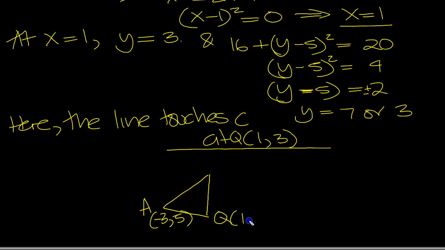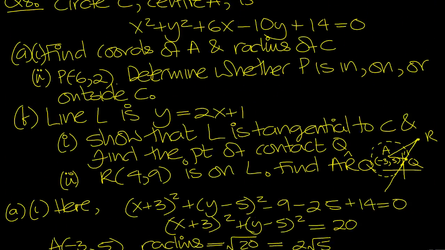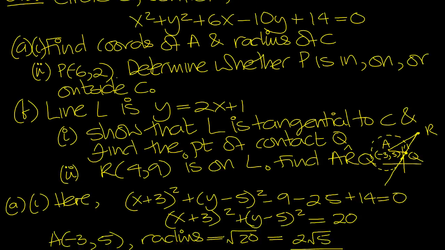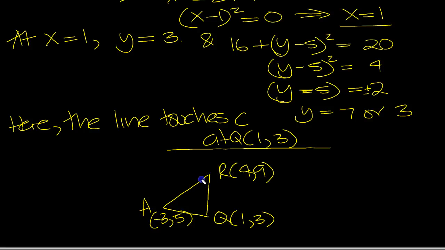Q was at (1, 3), and R is at (4, 9), wasn't it? And we need to find out the angle ARQ. Here we go, this angle here.